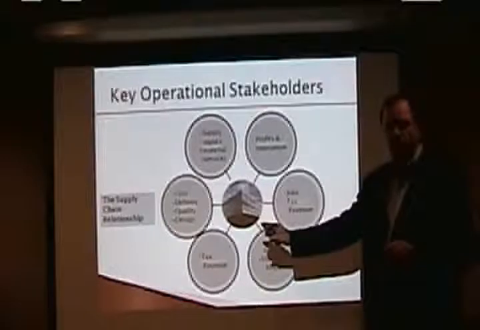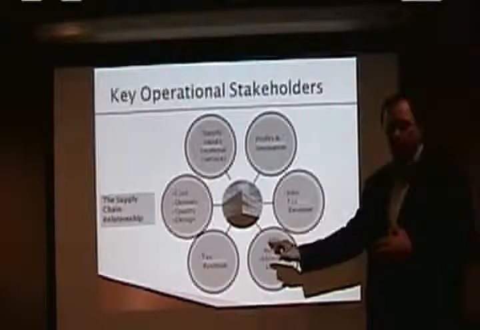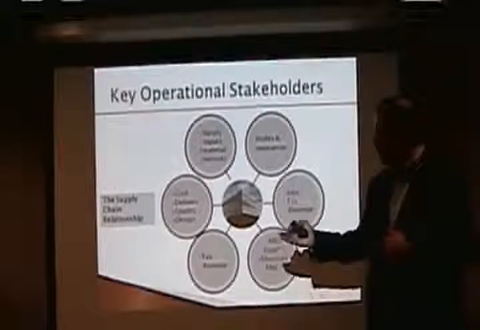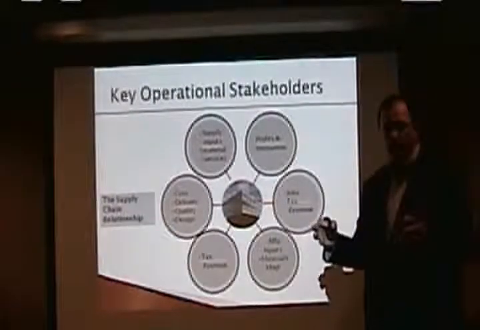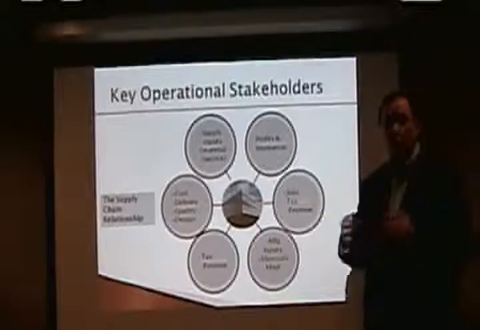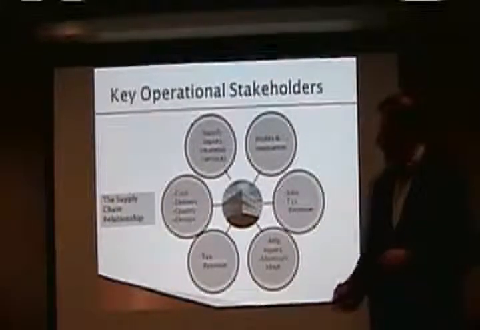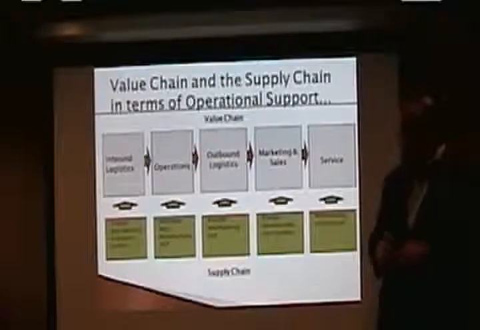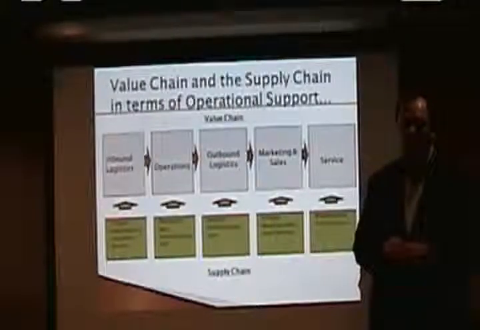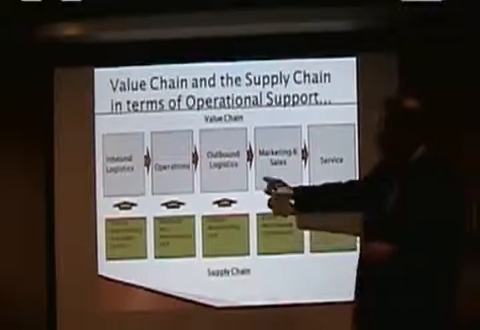And finally, customers benefit from the supply chain relationship with operations in terms of cost, delivery, quality, and design. So you can see that the supply chain process is very tangential to the overall success of the operational activities.